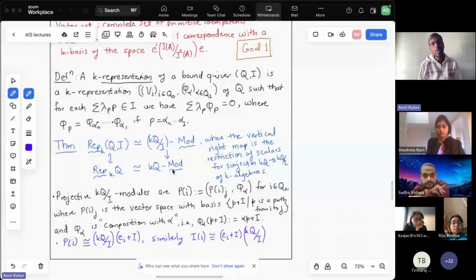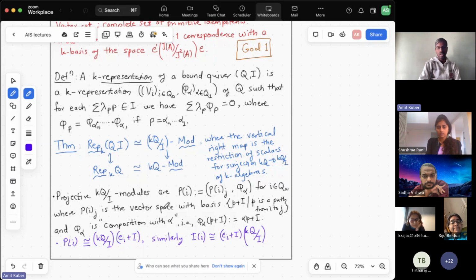Okay, then what about these projectives and injectives? Well, I'm just going to introduce these notations here. What do you do with the projective module? Projective modules over this are these representations: Pij, phi alpha, same thing. But what is Pij? It is the vector space with basis p plus I, where p is a path from i to j.